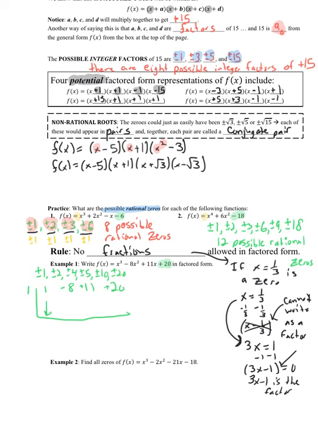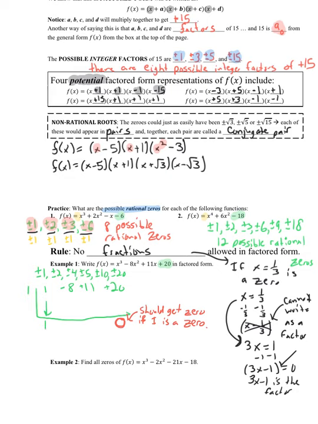And if this is a factor, I should get the number 0 over here. If 1 is a 0, that's why it's called a 0, I should get a 0 at the very end of my division.